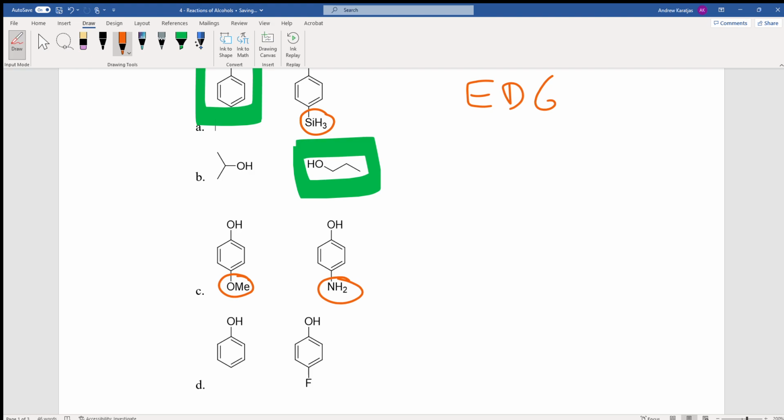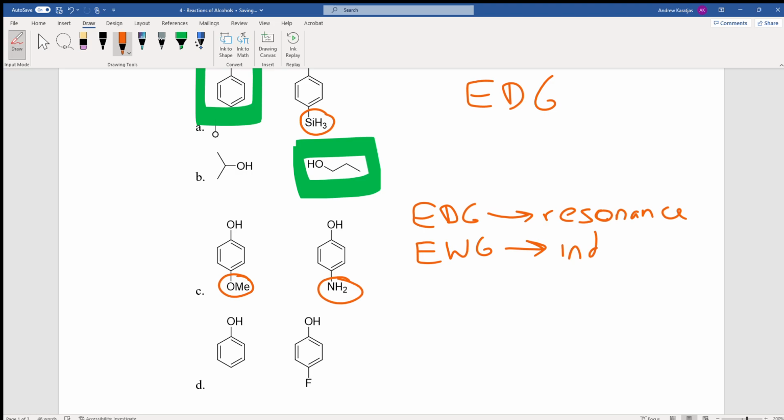They're both electron donating when we look at resonance. Both are electron withdrawing when we talk about electronegativity or inductive effects.